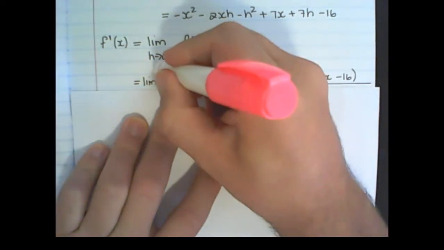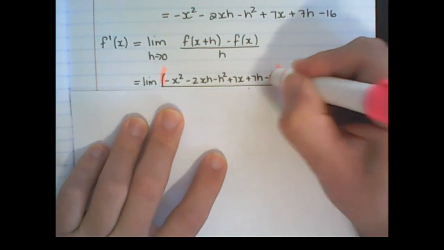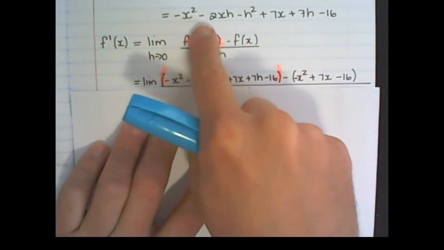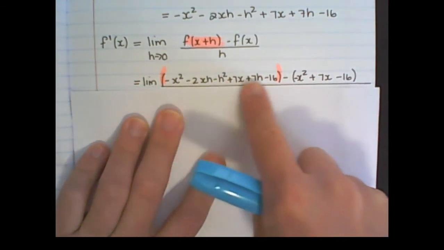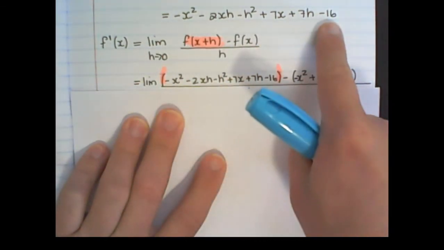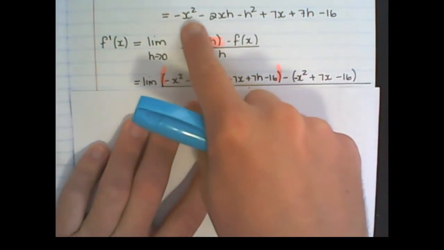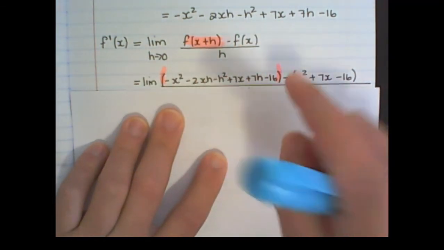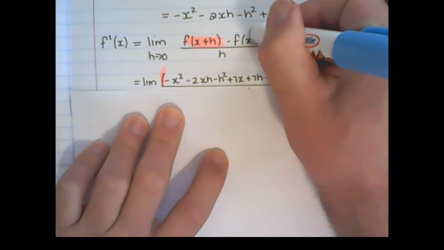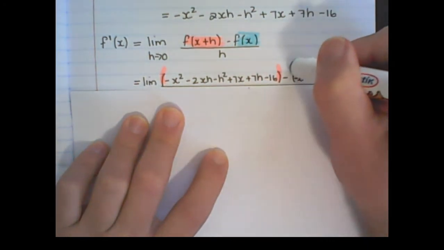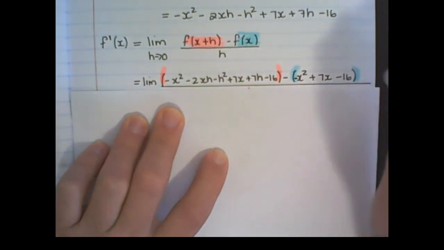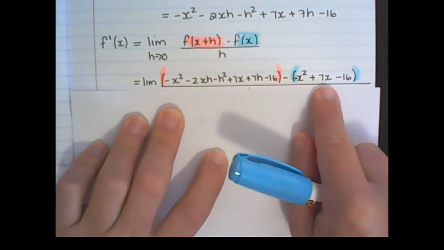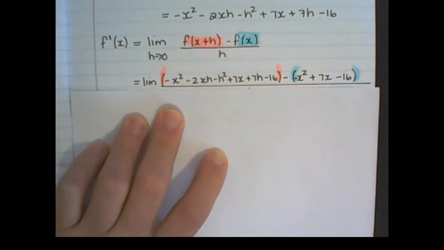Be careful when you rewrite it that you don't miss signs, and also work thoroughly before you substitute. Then I'm subtracting f(x), and I put that in brackets. So f(x) was negative x squared plus 7x minus 16.